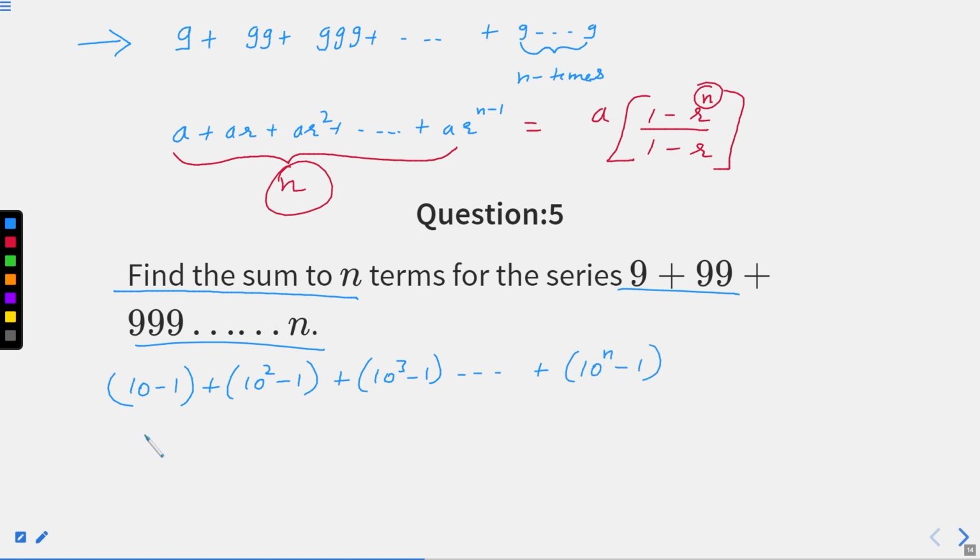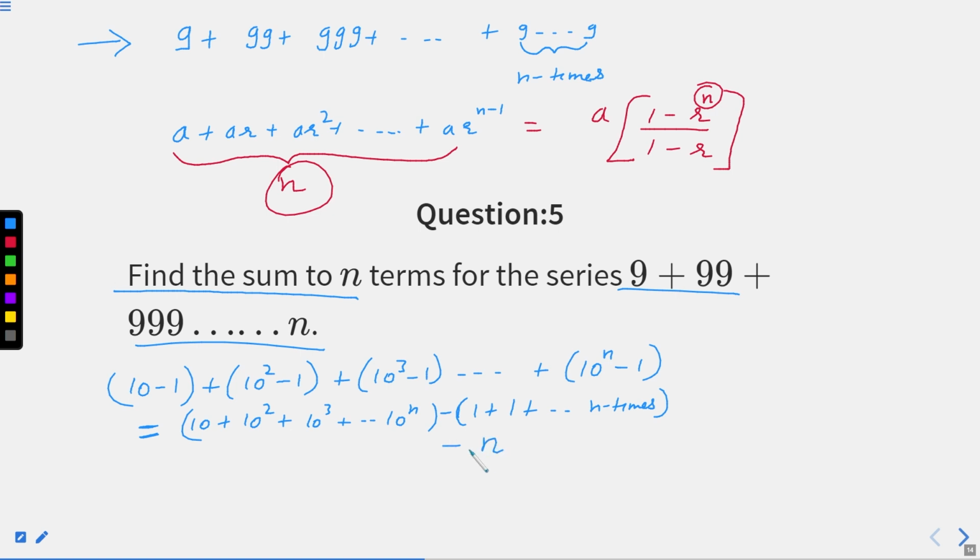Now I just make groups like this: 10, 10 squared, 10 cubed till 10 to the n, minus 1 plus 1 plus till n times.